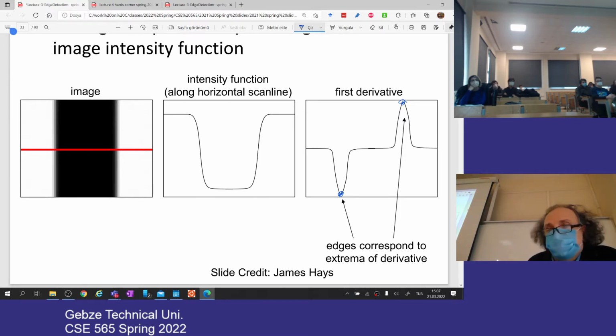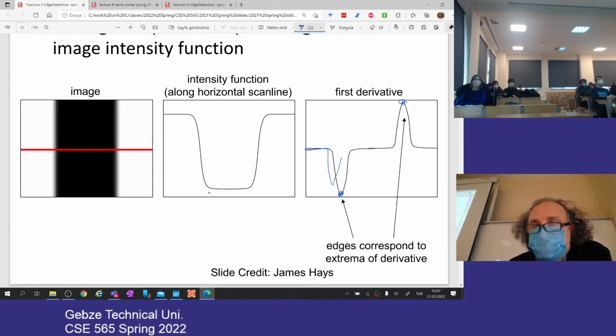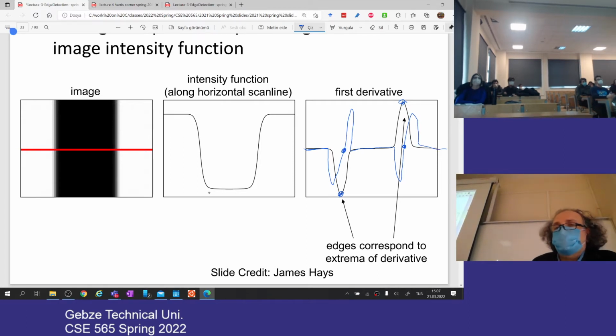You take another derivative, right? In that case, it's going to be like this. There is a drop, and there is a high, and 0, 0, 0. These zero crossings here will give you the peaks of your derivative function.